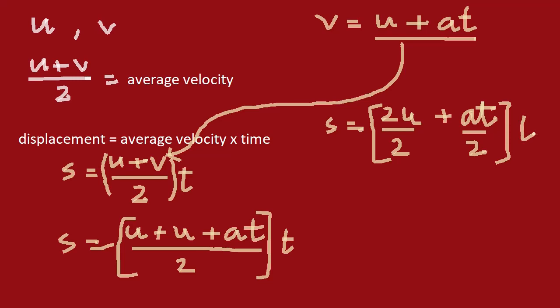This 2 gets cancelled, so we are left with only u. When we open these brackets, we have u into t, that is ut, and the remaining part becomes half into at squared. So s equals ut plus half at squared. This is what is called the second equation of motion.